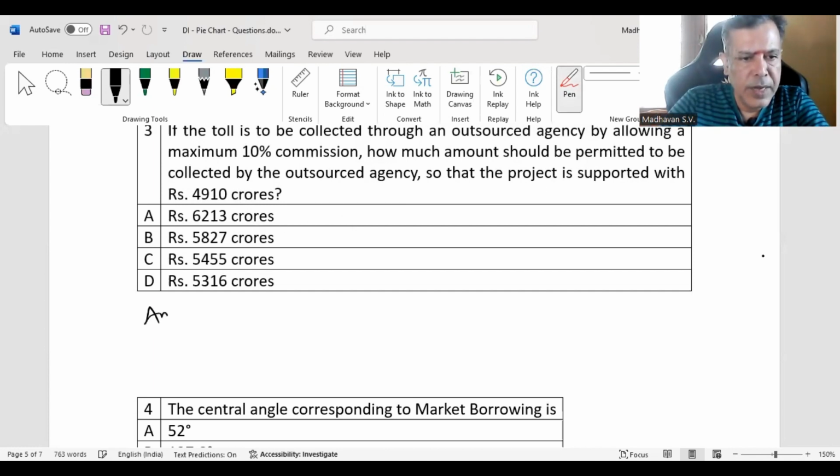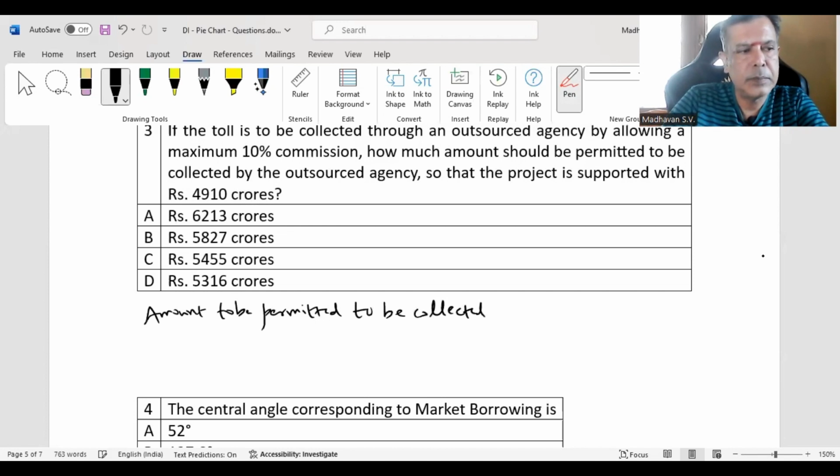So here we need to calculate the amount to be permitted to be collected by the outsourced agency, which should be equal to whatever amount they were supposed to collect, plus 10%.